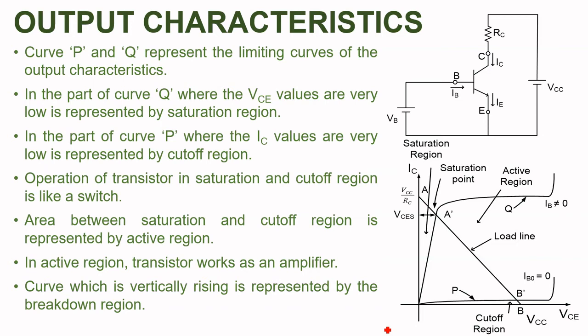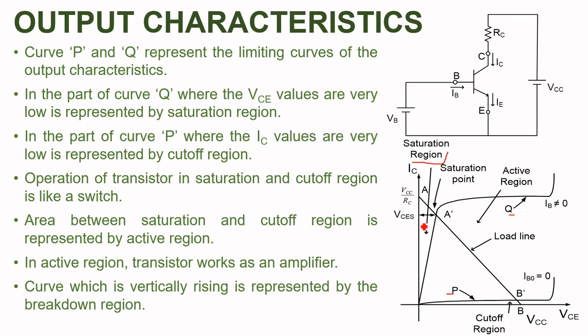The curves P and Q represent the limiting curves of the output characteristics. The curve P is shown over here and curve Q is shown over here. The part of curve Q where the values of VCE are low is represented by the saturation region. This part is given by this saturation region.